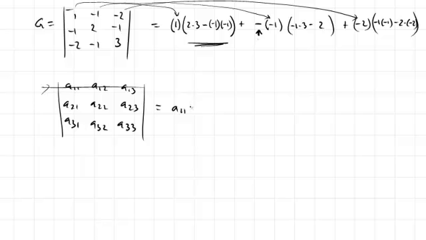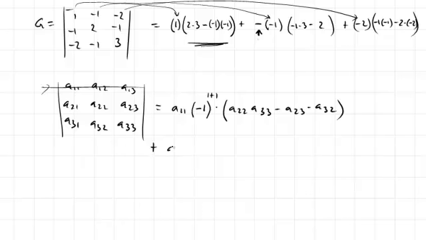So A11 times, and actually what we have is this, I'll explain it in a second, times this determinant A22 A33 minus A23 times A32. That is our first term.